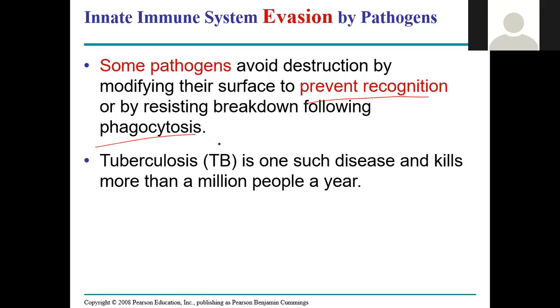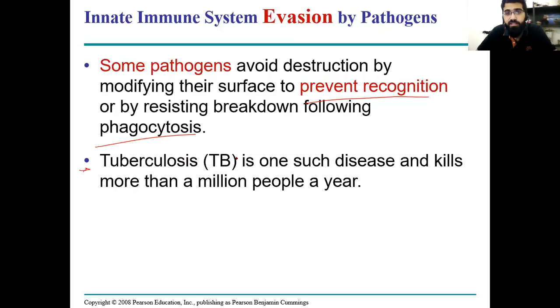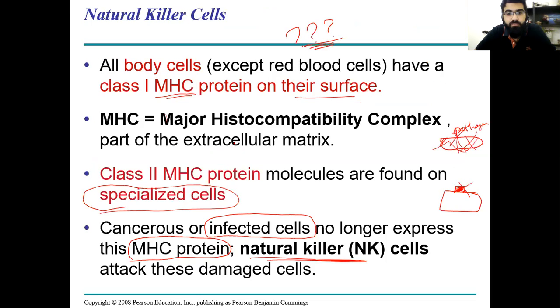An example of bacteria able to do that is TB bacteria. Tuberculosis is a kind of disease that attacks your respiratory system, caused by bacteria able to modify this protein.